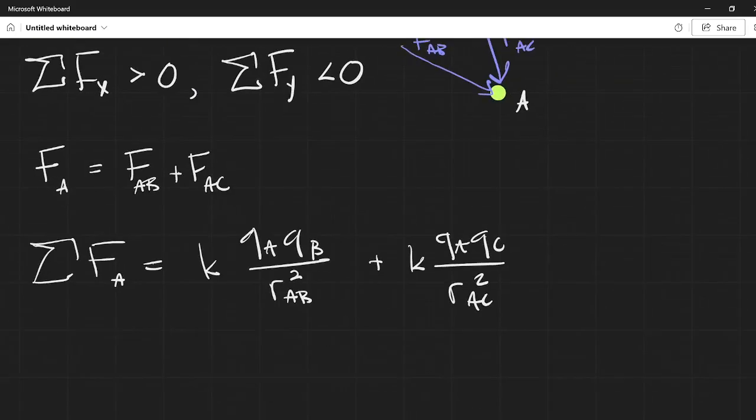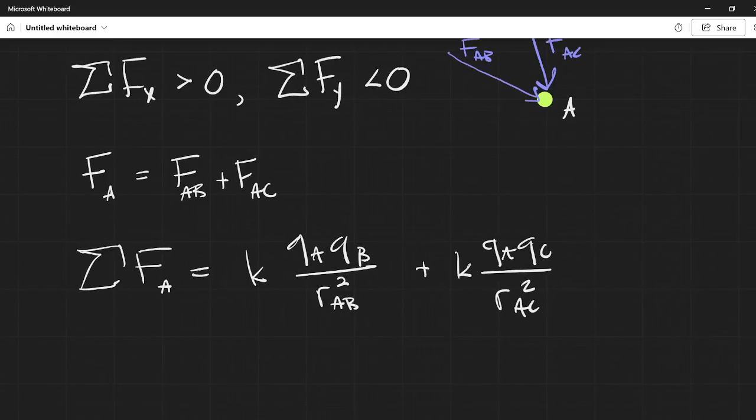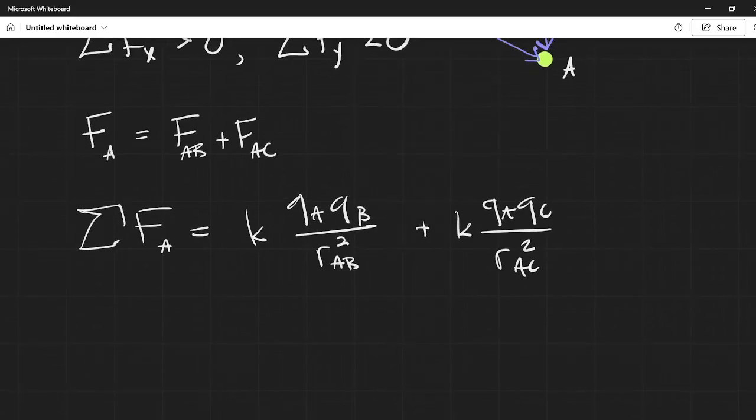Okay, so back to our equation. So what we're going to have to do is break this up a little bit. I'm going to rewrite this in a form that is more vector friendly, and I'm going to factor out the QA because that seems to be a common term.